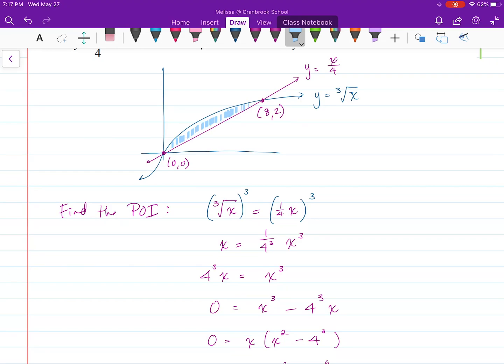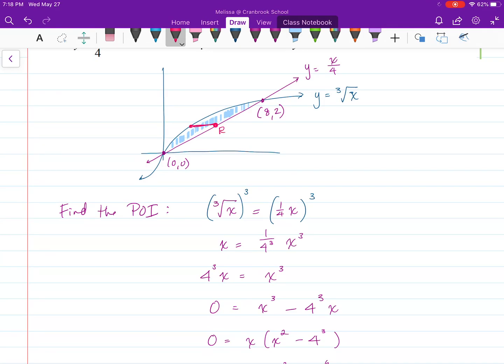And it's this blue highlighted region that I just highlighted that I'm rotating about the y-axis. So therefore, when I go to determine the volume of revolution, I need my integrand to be in terms of y. Because if I think about it, the outside, or the larger radii of this revolution, will be defined by my line.